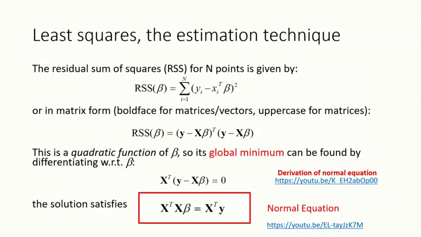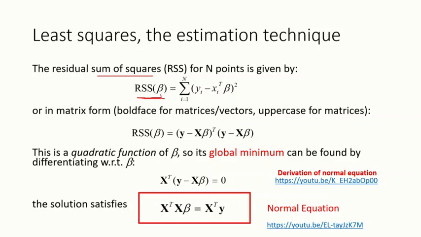There are some mathematical formulas to derive how to compute this least square, how to achieve this least square objective. So in this way, people write the residual sum of squares, RSS of beta, for a given combination of beta values.